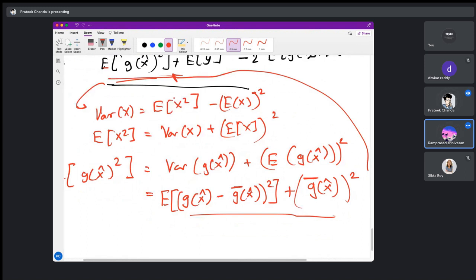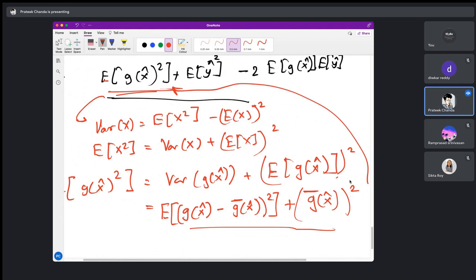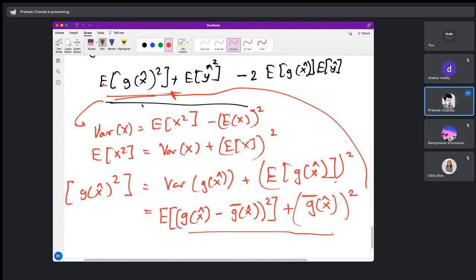Yes, let me rewrite this. It was e of x hat and a whole square on top of it. So expectation of g of x hat actually means g bar of x hat, because expectation is an average or a mean. Okay. So I can just replace this entire thing by this at the top.